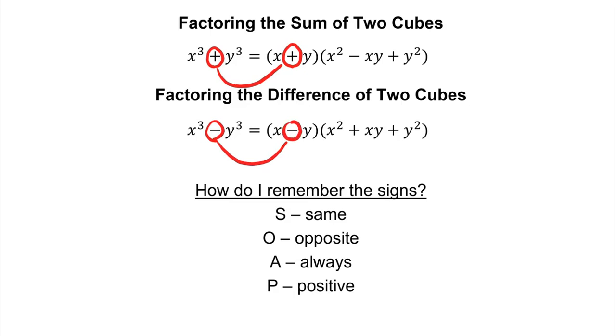So S means same. O stands for opposite. The next sign that I see in my factorization, the sign between the first and second terms in the trinomial factor, has to be the opposite of the one that I just entered in the binomial factor.